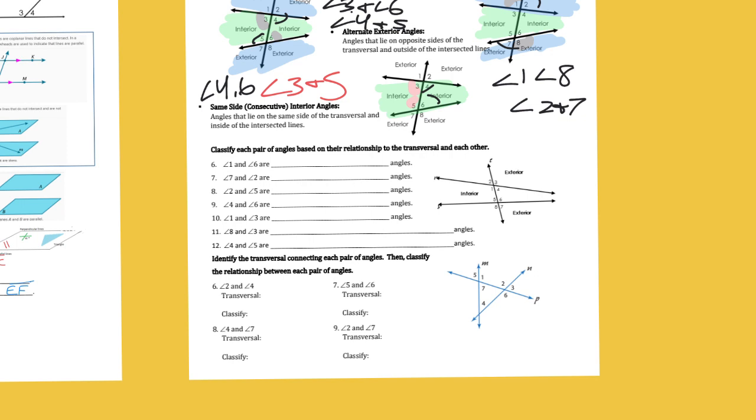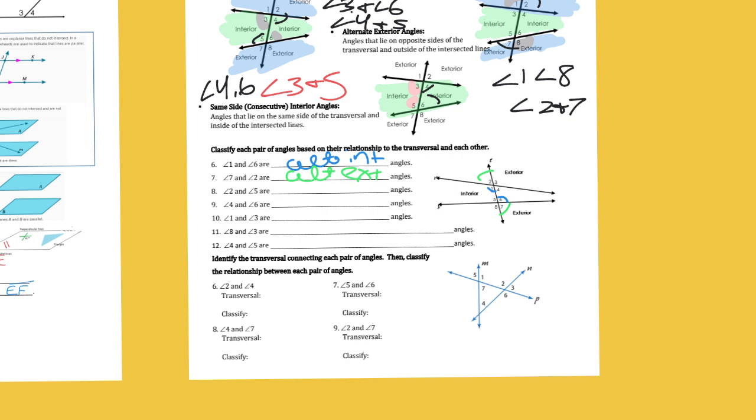And so I'm going to go over these. 1 and 6, okay? 1 and 6 are going to be alternate interior. Okay. 7 and 2, okay? 7 and 2 are alternate exterior. You see how they're both outside the little sandwich?